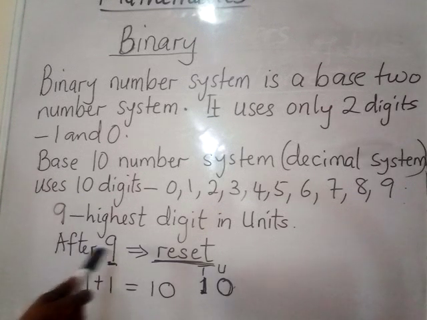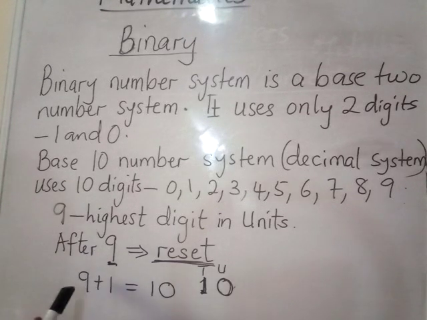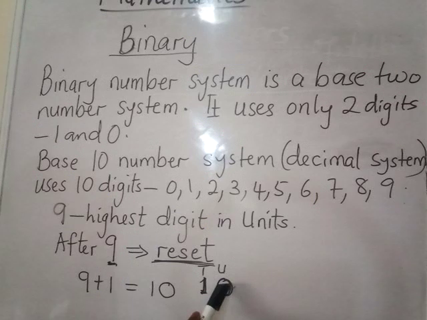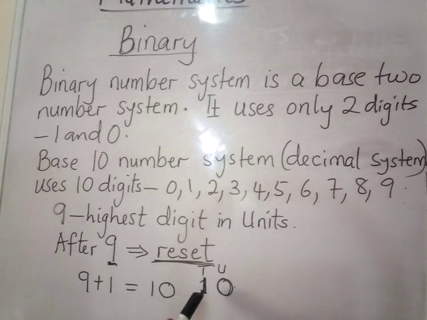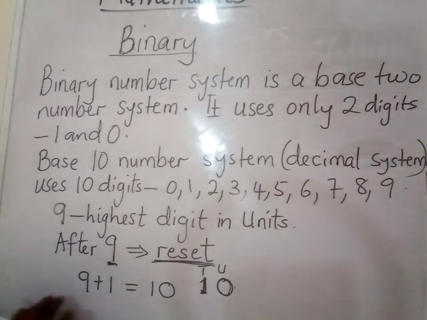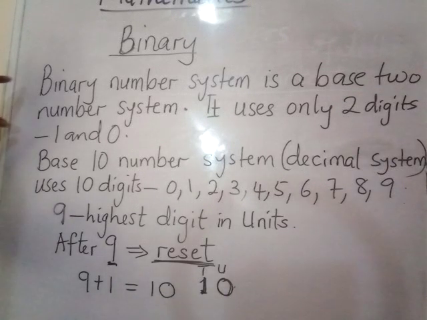So after 9, if you add extra units, it becomes 10. There's no symbol to represent 10, so we go back to 0 under the units, and the bulk of 10 converts to 1 under the tens column. The way this works is exactly the way the binary system works.